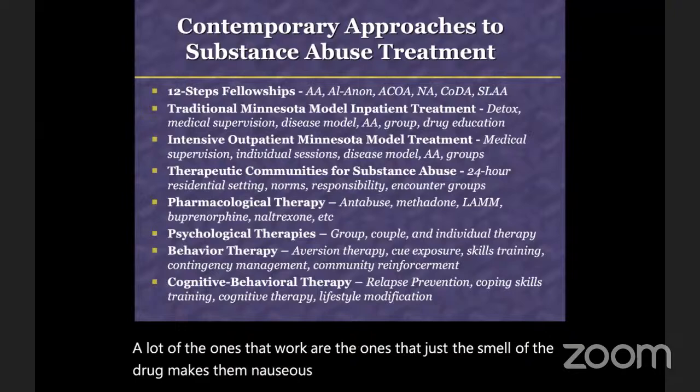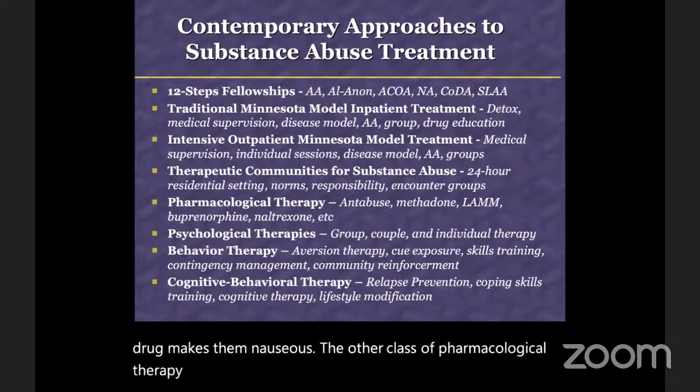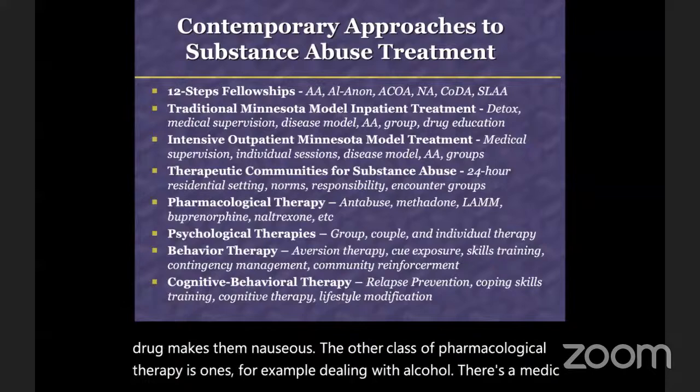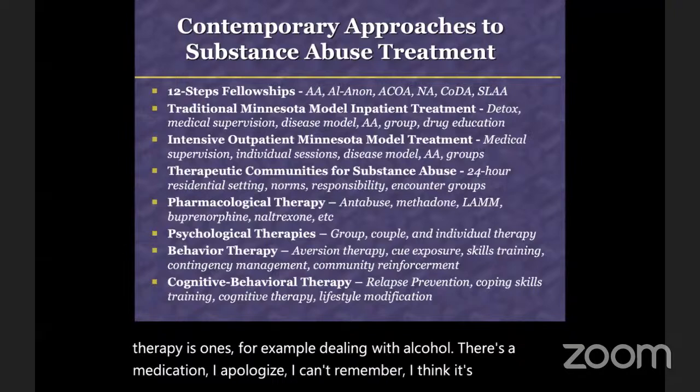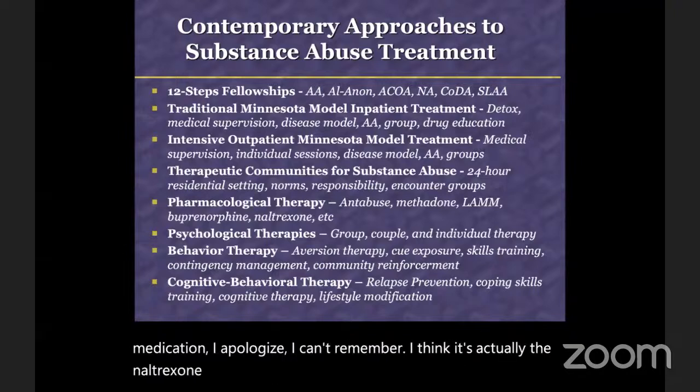The other class of pharmacological therapy is ones, for example, dealing with alcohol. There's a medication, I apologize, I can't remember, I think it's actually naltrexone, that blocks the opioid receptors.